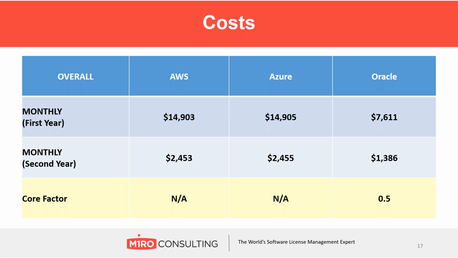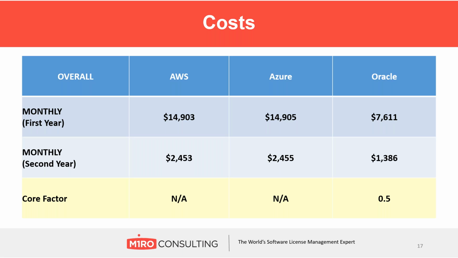Again, this is not intended to inform your decisions about what your environment looks like because of your specific requirements, whether that be relative to bandwidth, the storage amount, the storage type, etc. Right? Now, remember that all of these prices, the 14,903 to 14,905, etc., are discounted from an Oracle perspective by about 20 to 25%.